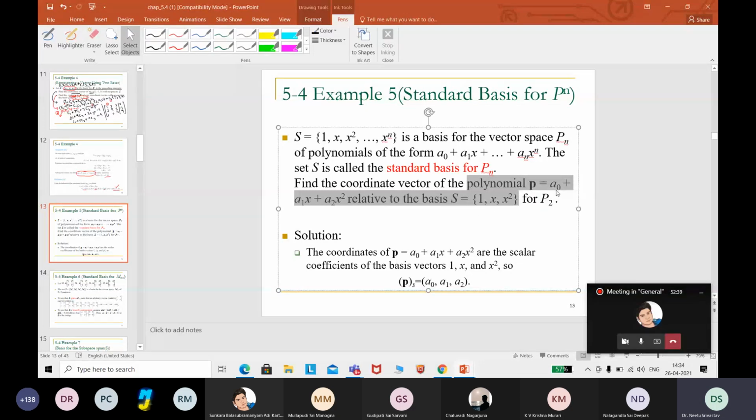The coordinate vector will be nothing but the coefficients themselves. How? Relative to the standard basis 1, x, x square, just take c1 into 1 plus c2 into x plus c3 into x square and equate it to a0 plus a1x plus a2x square. The coordinates will be a0, a1, a2. The coefficients themselves will be the coordinates.